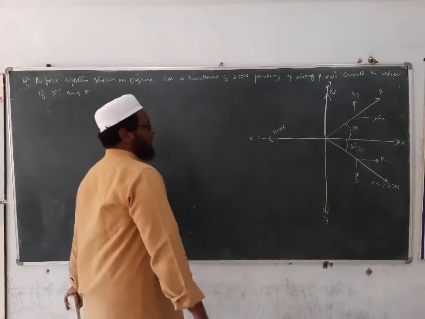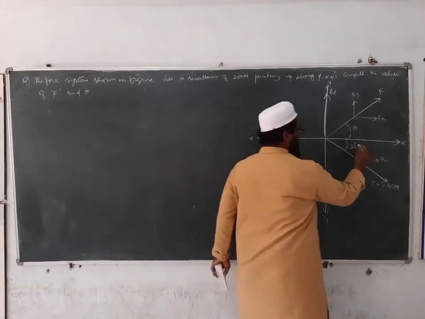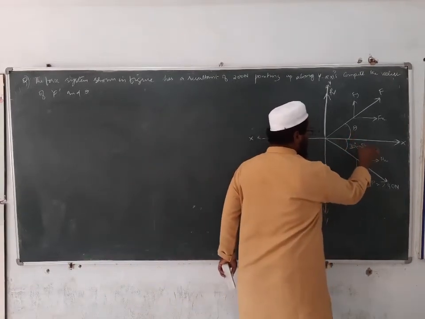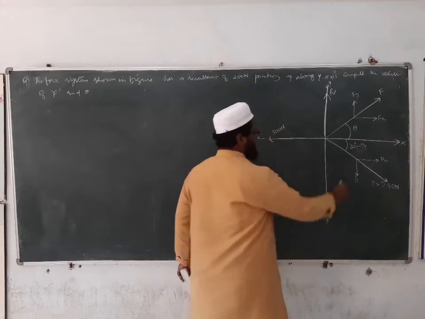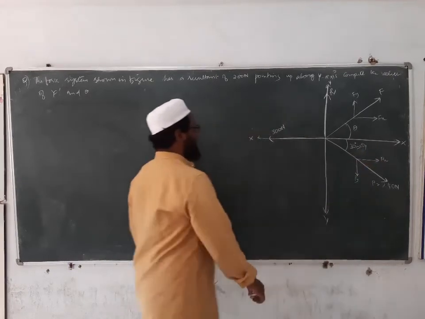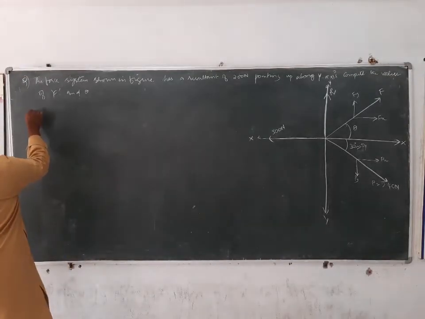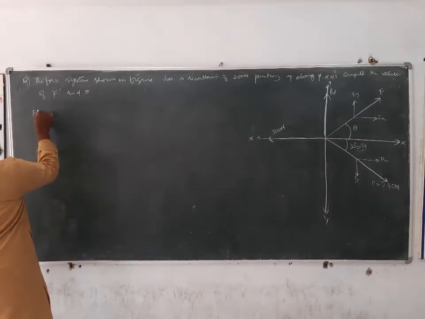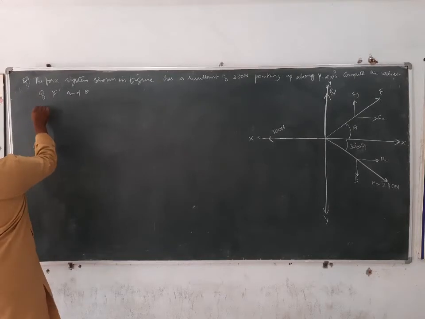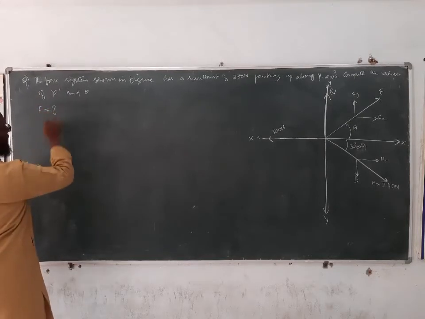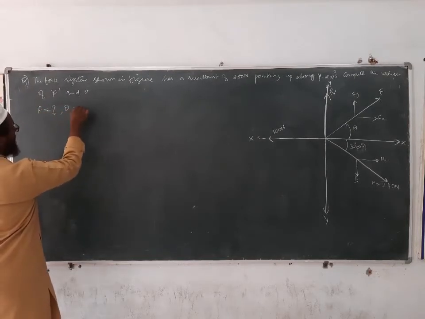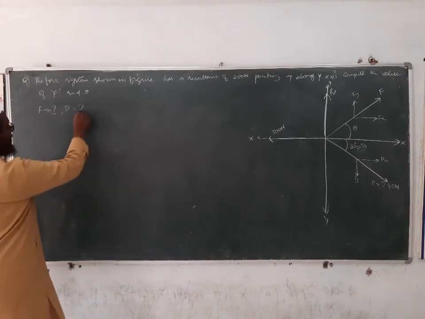This angle of 30 degrees we'll name theta 1. We don't know F, and similarly we don't know theta.